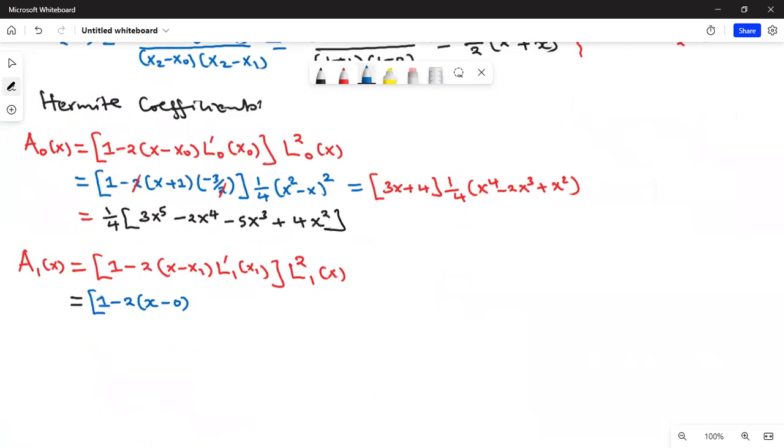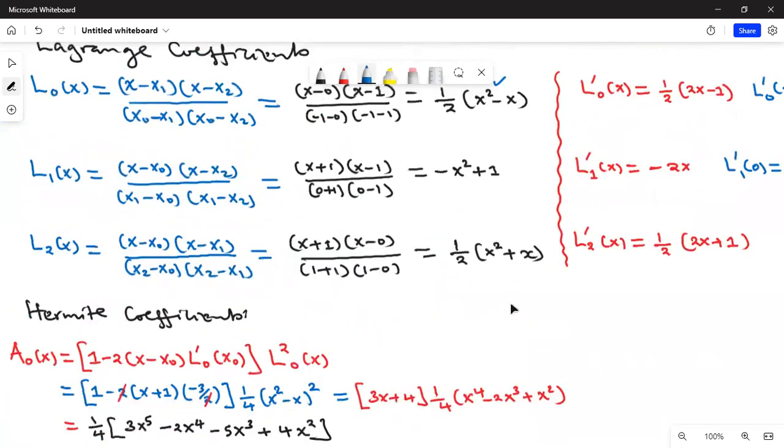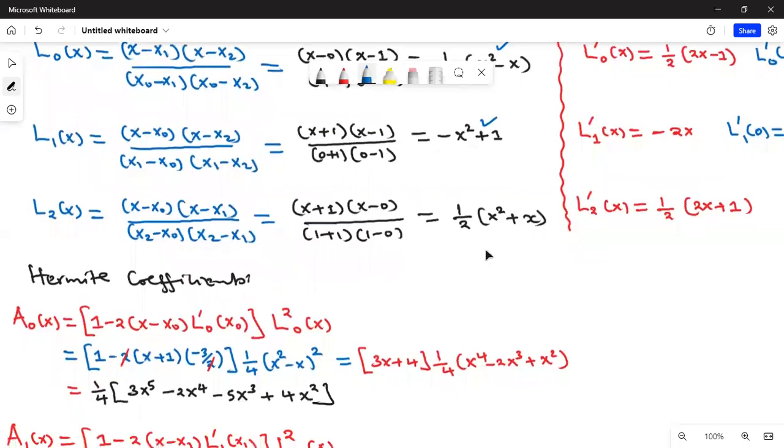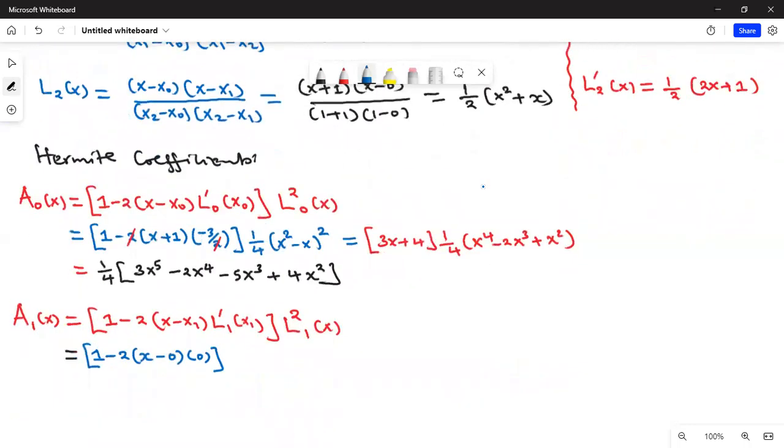So this is times 0. Then L1 of x, you square it. Let's check our L1 of x. It is this one here. I want to square it. So that's (-x squared plus 1) squared, then you square everything. So here we'll have (-x squared plus 1), everything squared.